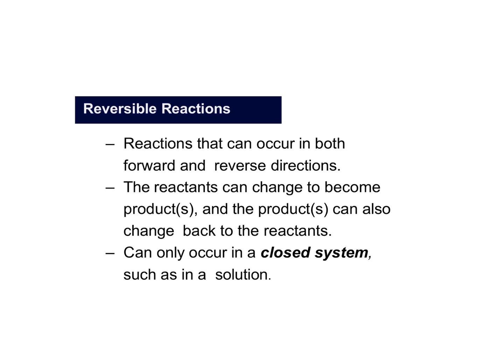Okay? So now for the reversible reactions, they can occur in both forward and reverse direction. The reactants can change to become products, and the products can also change back to the reactants. This can only occur in a closed system, such as in a solution.